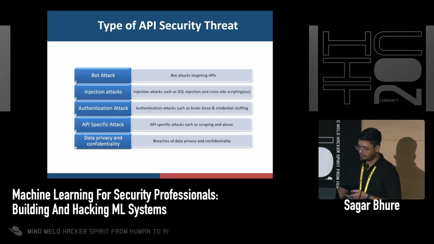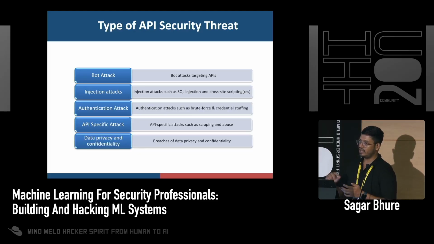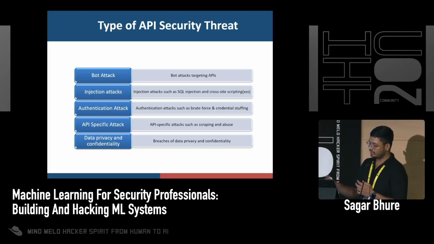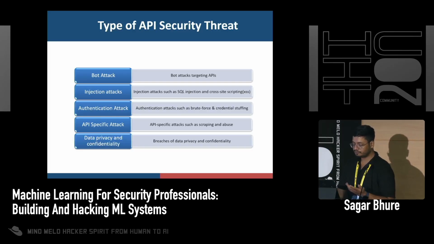I'll just talk about the first one, where machine learning can be used to detect and block bot activities by analyzing HTTP requests. Like, if you have a captcha, the bot directly goes to the captcha, whereas a human takes a certain path to reach a captcha. By analyzing user behavior and capturing mouse movement, with machine learning you can say that, hey, this is a bot or a human, to prevent bot attacks.